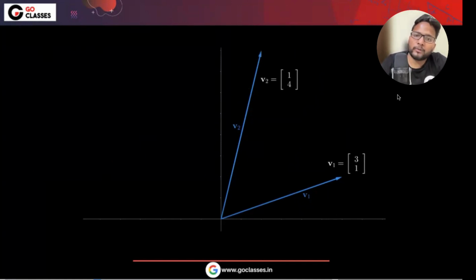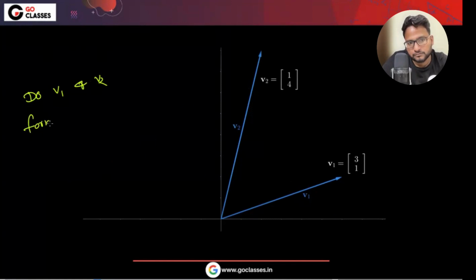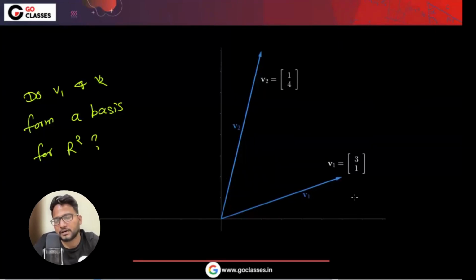Tell me, do v1 and v2 form a basis for R2? Yes, it seems like they do form a basis for R2.